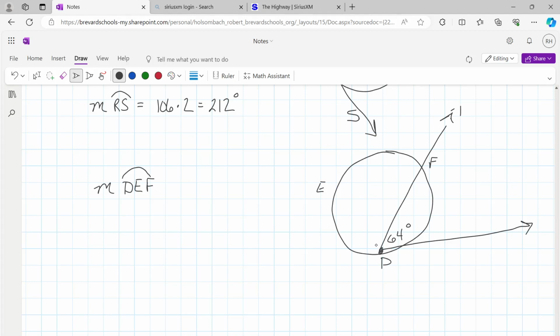So we need arc DEF right here, D through E, stopping at F. Well, let's start with what we know. If this angle is 64 degrees, then arc FD is equal to 64 times 2, and 64 times 2 is 128.